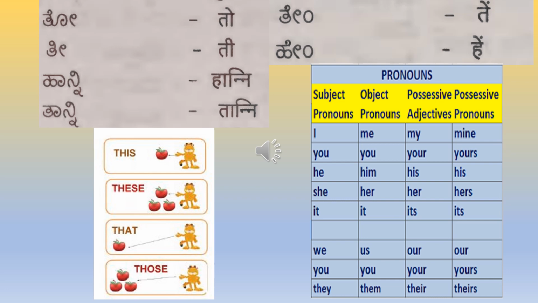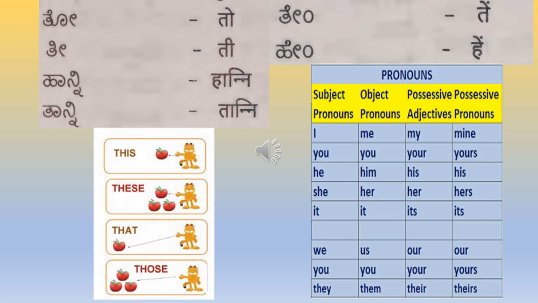Te magel ghara or te ghara, that house. So to, ti, te. To, he, ti, she, te, neuter gender it.